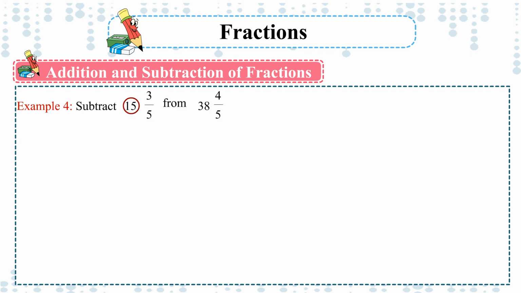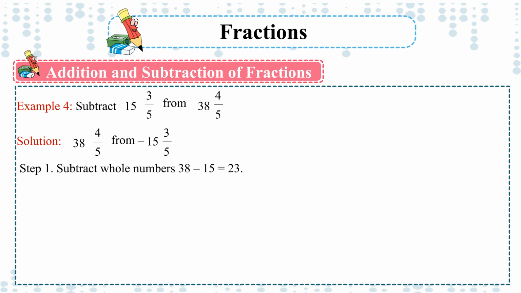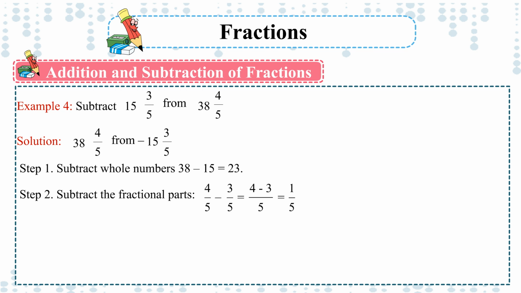Example 4. Subtract 15, 3 upon 5 from 38, 4 upon 5. Solution. 38, 4 upon 5 minus 15, 3 upon 5. Step 1. Subtract whole numbers. 38 minus 15 is equal to 23. Step 2.